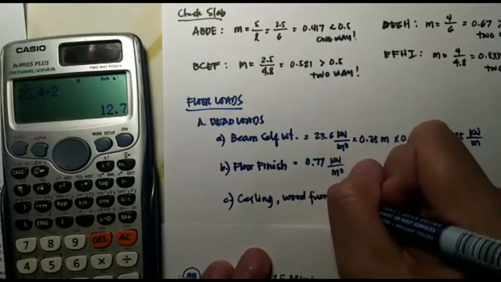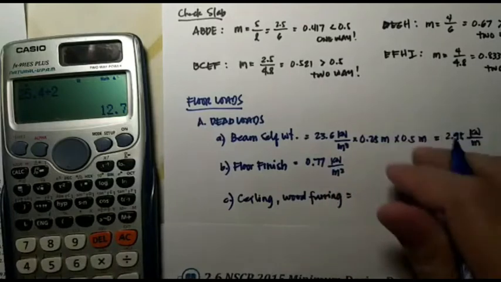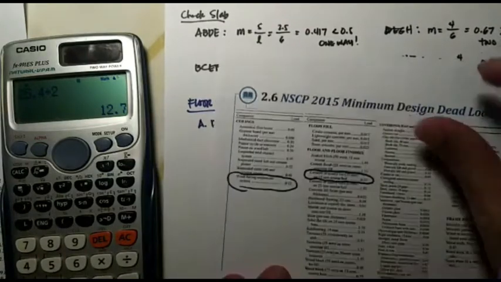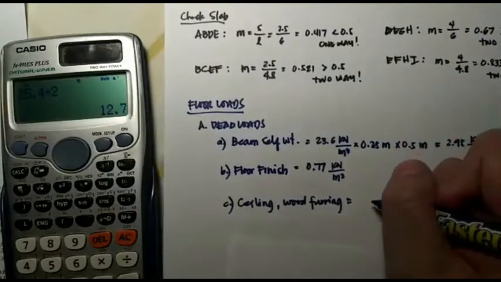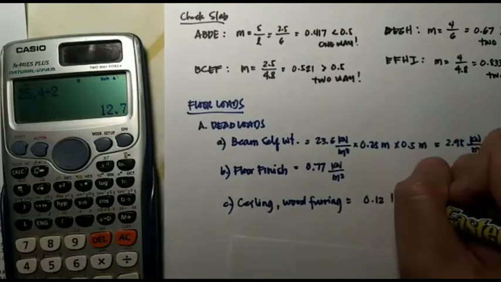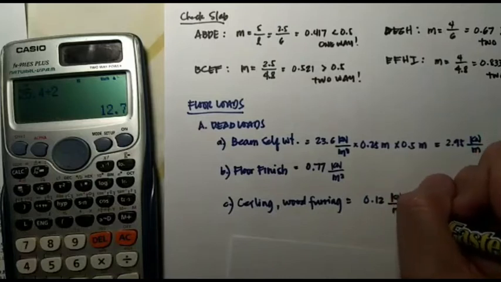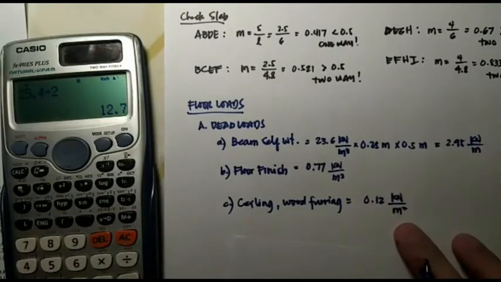So according to the table, that is 0.12 kilopascal. So that's 0.12. Kilopascal is again kilonewton per square meter. So that is another floor load.